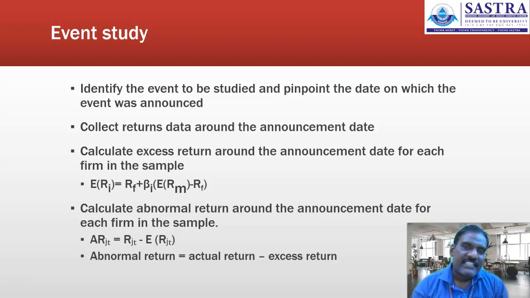You know how to calculate the value of beta. Beta is calculated as the covariance of the return generated by the stock and the return generated by the market, divided by the variance of the market return. You need to interpret the value of beta.